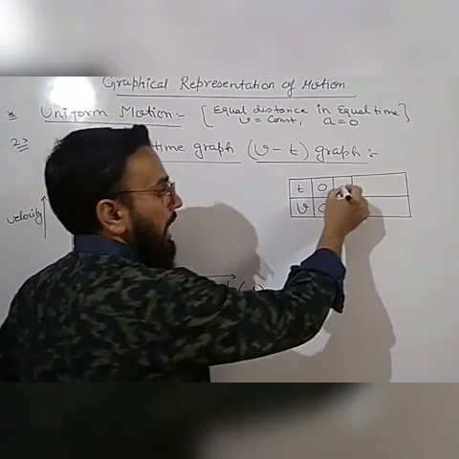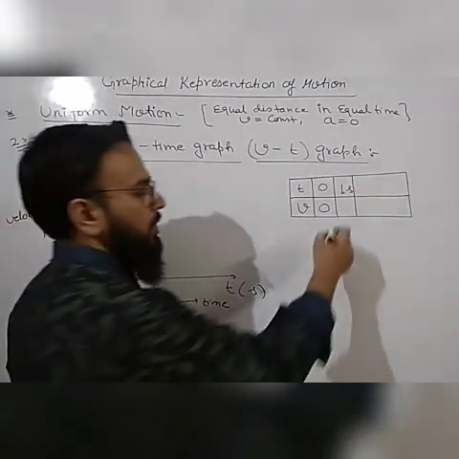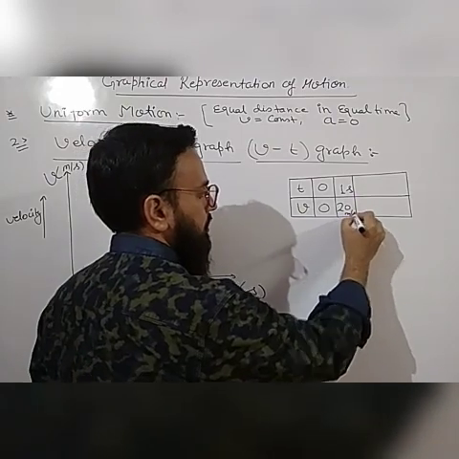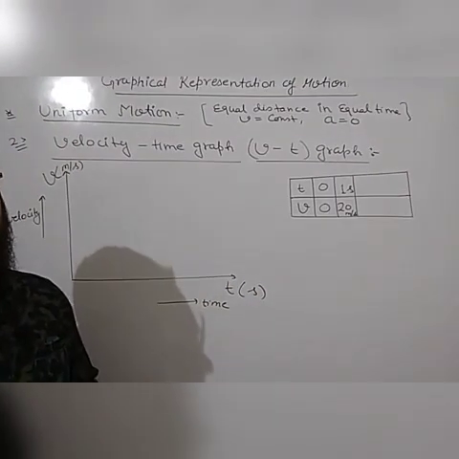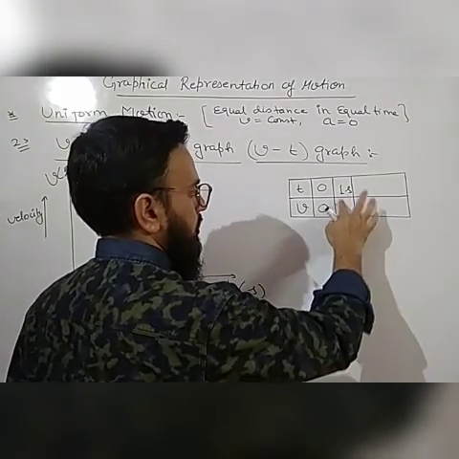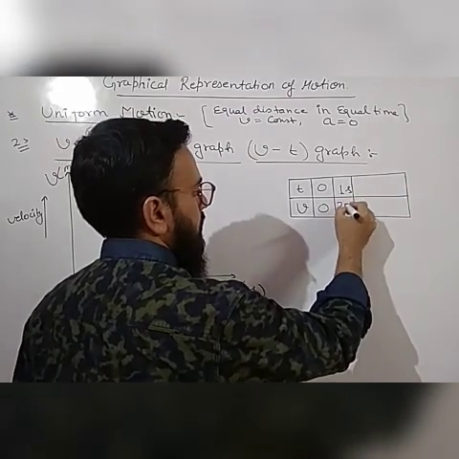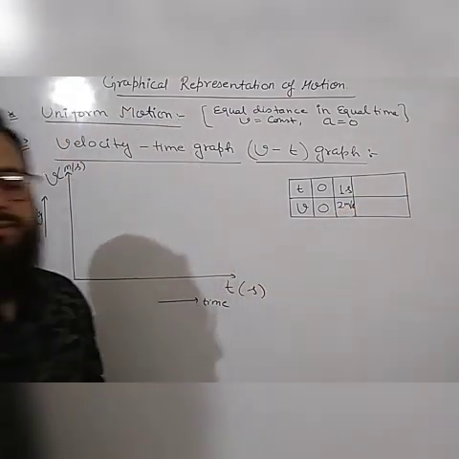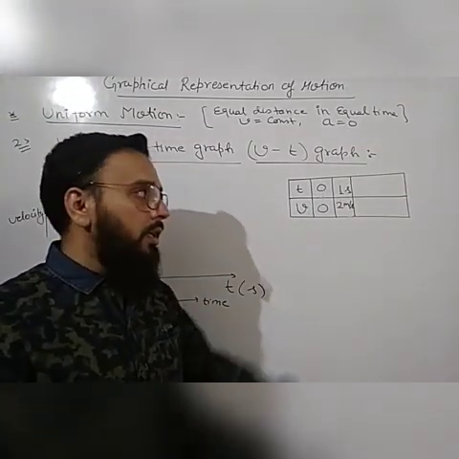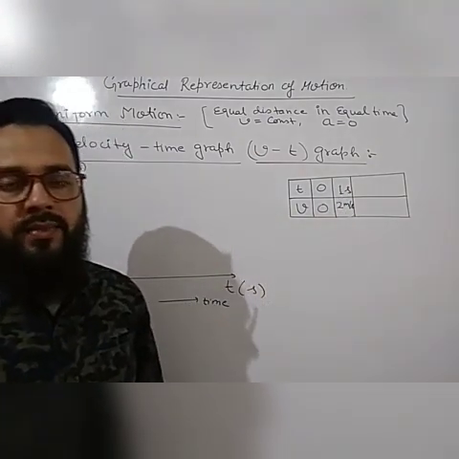Suppose in 1 second, you obtain a velocity of 2 meter per second. So at t is equal to 0, velocity was 0. After 1 second, your velocity was 2 meter per second.